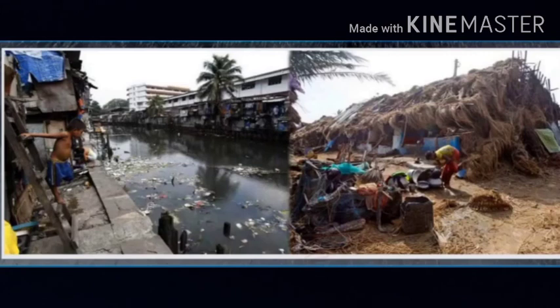Let us learn about floods and cyclones in more detail. On the sea coast, there will be numerous huts that belong to fishers and laborers. And usually the lowlands of the towns and villages which get flooded are occupied by the slums of the poor.